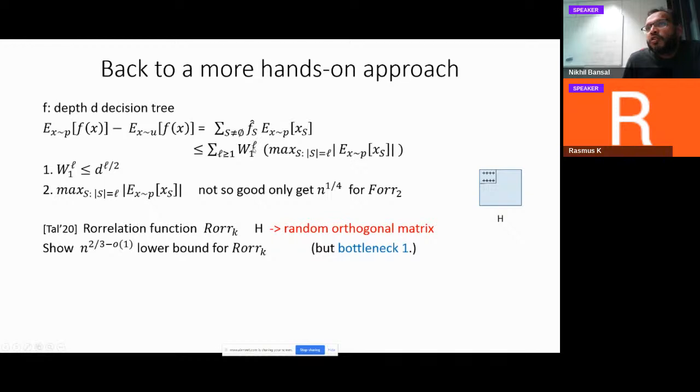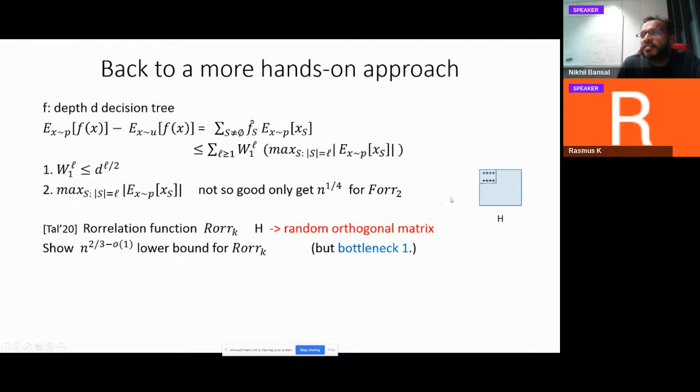If I sum up over all S of weight L, it's this weight times this. Now I have a good handle on the Fourier level weight at level L, by the Fourier bound on decision trees. So if we could control this quantity, then we can show that this number is small.